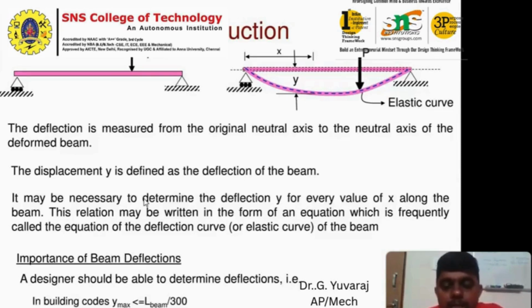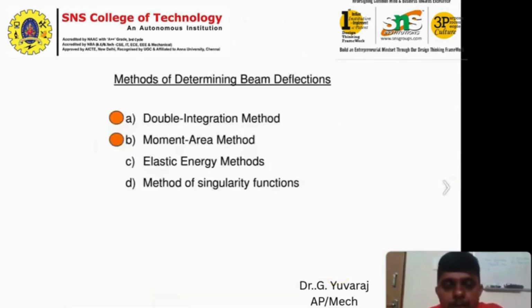Now, the importance of beam deflection: every designer analyzing beams needs to follow certain codes, used for building construction beams and, for example, bridge construction. There are many different methods to analyze deflection. The most important is the double integration method, followed by the moment area method.